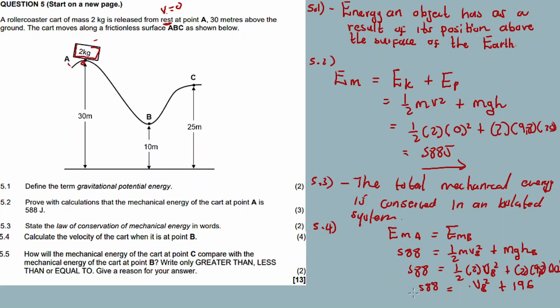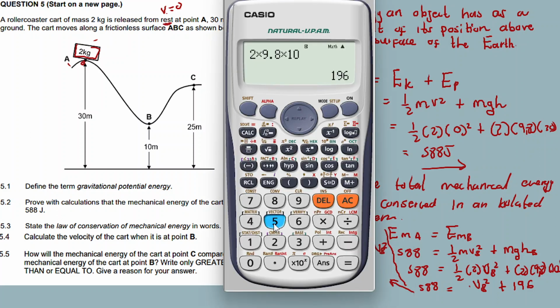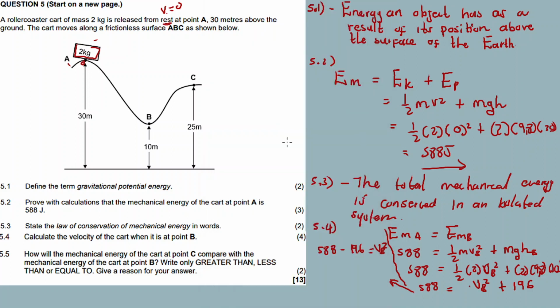Therefore we transpose the 196: 588 minus 196 equals v B squared, which is 392. 392 equals v B squared.